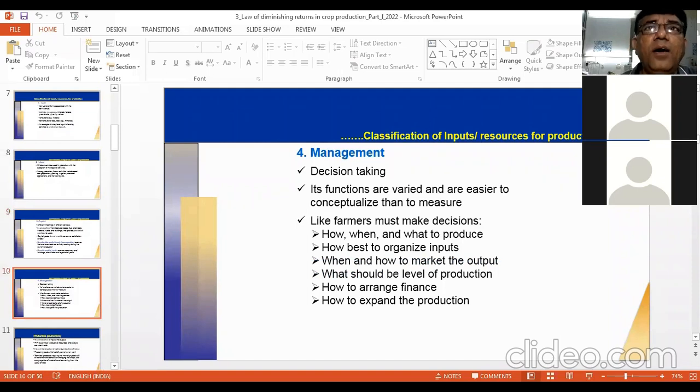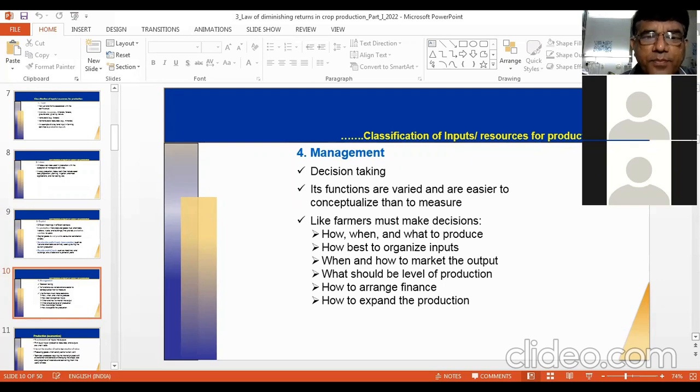Management is in the hand of the operator of the farm, who is operating the farm, managing the farm, taking the decisions, and also taking the risk. So it is decision making, and functions as varied are easier to conceptualize than measure. Farmers take most of the decisions, like how, when, and what to produce.